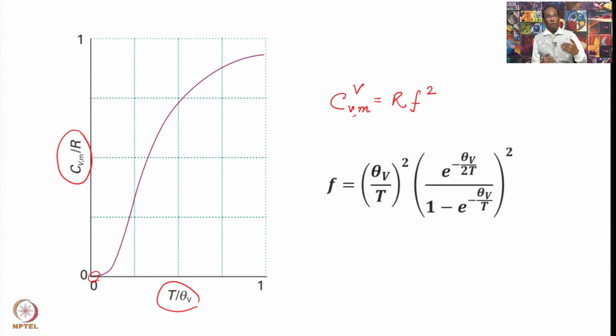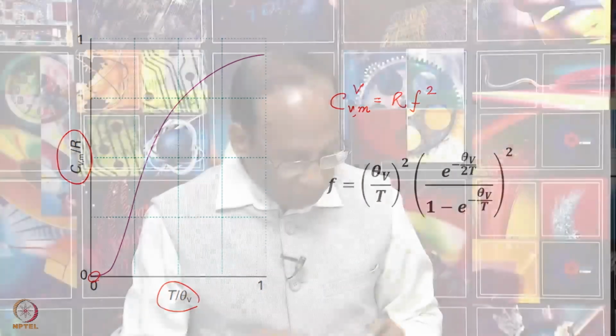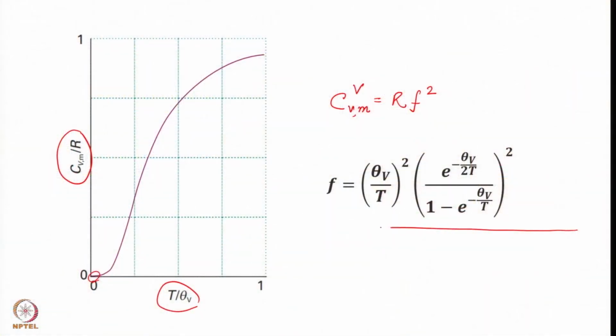So, what we have done? We have now discussed translational, we have discussed rotational, we have discussed vibrational. Translational: the value was 3 by 2 R. This is contribution to heat capacity, CVM.